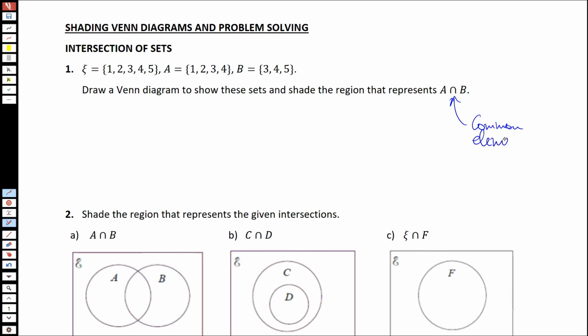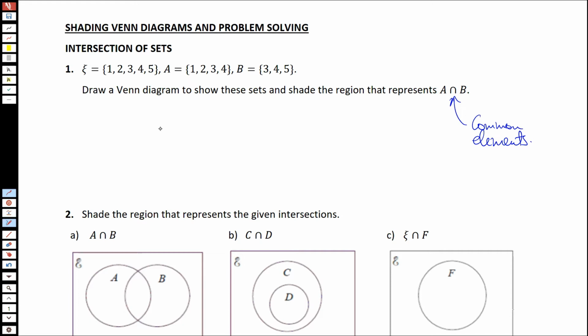Of course, we can work this out without using a Venn diagram, but because the question has asked us to draw a Venn diagram, we shall go ahead and draw that and represent the elements that are common in these two sets.